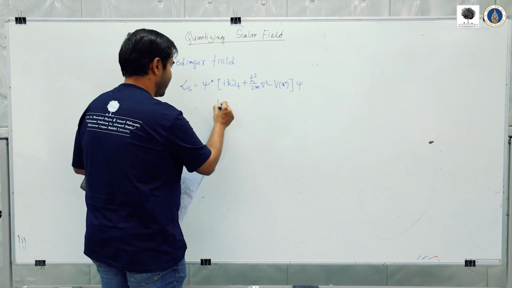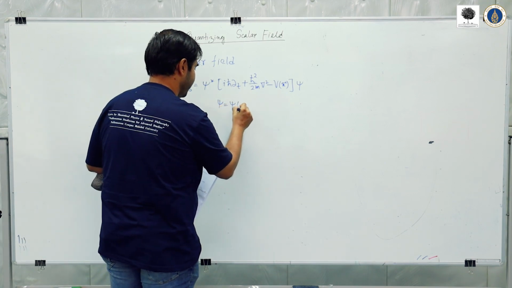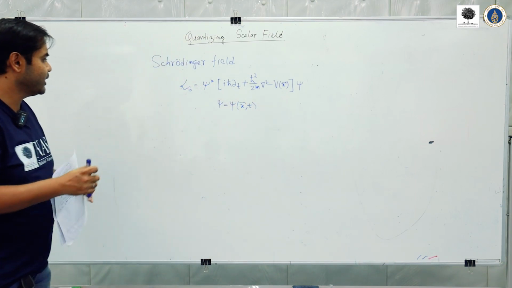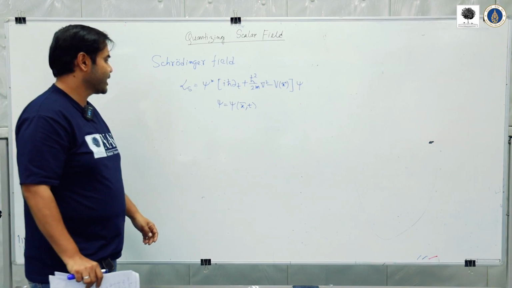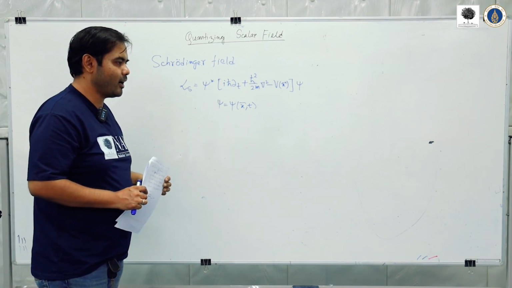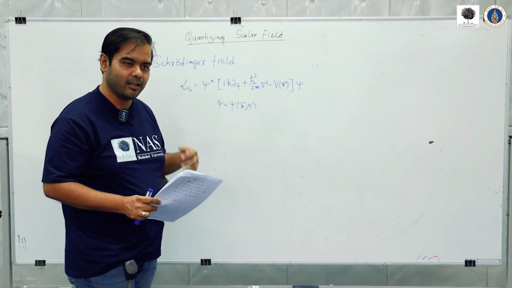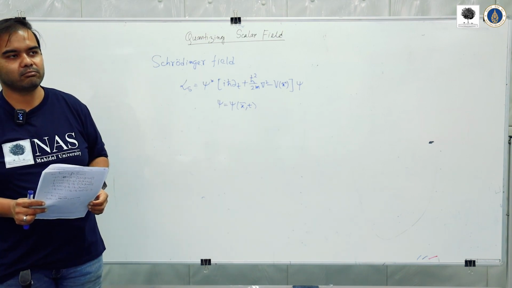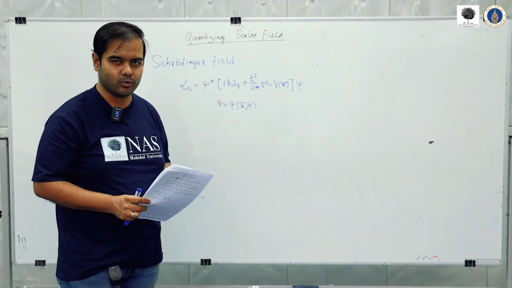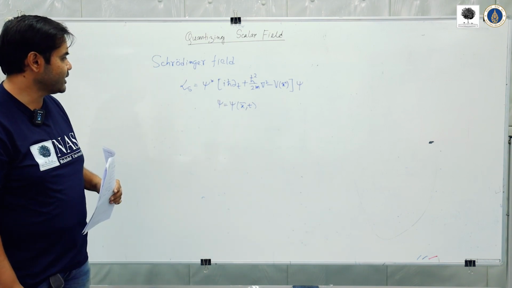So simply psi depends on space and time, that is it, nothing more than that. Secondly, psi and psi star are independent variables, in the same sense that a complex number is independent of its complex conjugate. So please keep that in mind.